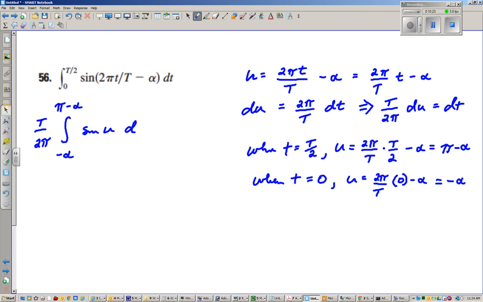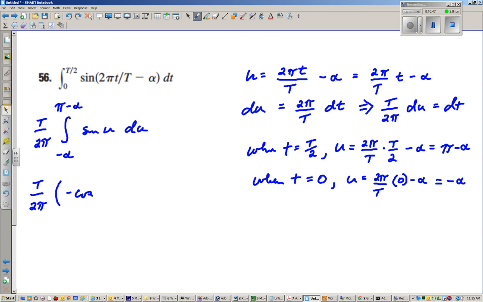And didn't I say dt was the same thing as big T over 2 pi du? I'll kick that constant T over 2 pi way up front and then write my du. And now I have a very doable problem. It's going to start with that T over 2 pi in the answer.